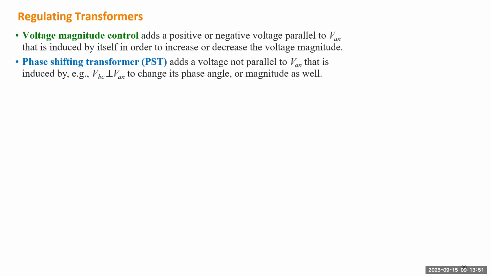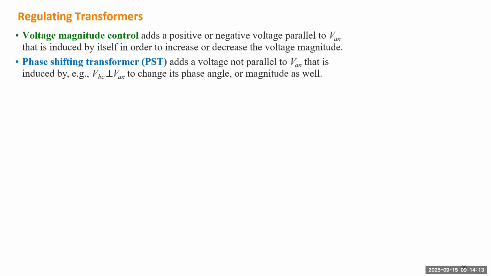That voltage is induced by itself, which means it will add a voltage phasor to the original voltage phasor. That added voltage phasor can be positive or negative depending on direction, which can cause increasing or decreasing of the original voltage. So that's the idea.